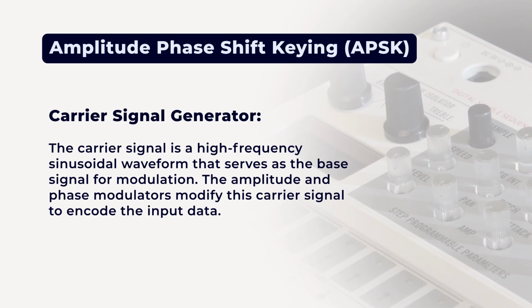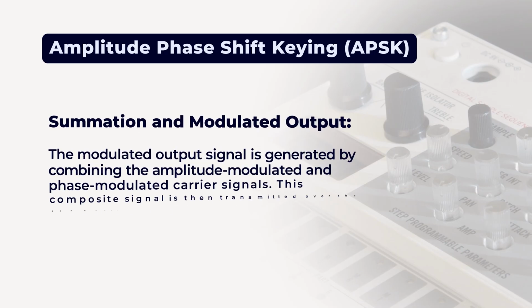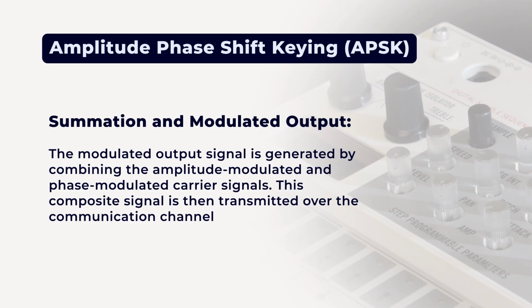The amplitude and phase modulators modify this carrier signal to encode the input data. Now we discuss the summation and modulation output. The modulated output signal is generated by combining the amplitude modulated and phase modulated carrier signal.